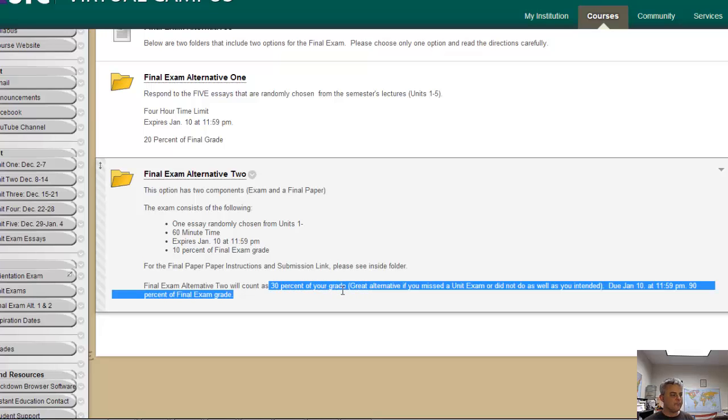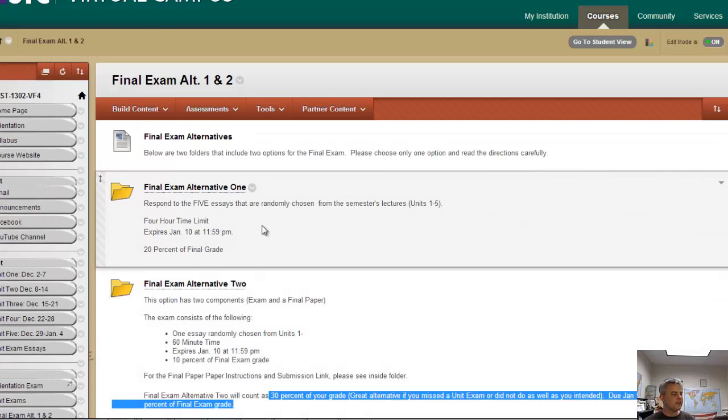So if the unit exams and the prospect of the final exam, as noted, alternative 1, is really a frustration for you, and it's something that, hey, man, I understand this material, it's just I'm not a fast typer, or I don't work under pressure like this, this would be a great opportunity for you, because it could take your 70s and 80s that you're earning and really get your grade up to a solid B, or perhaps an A at the end of the semester if you turn in a solid essay here.